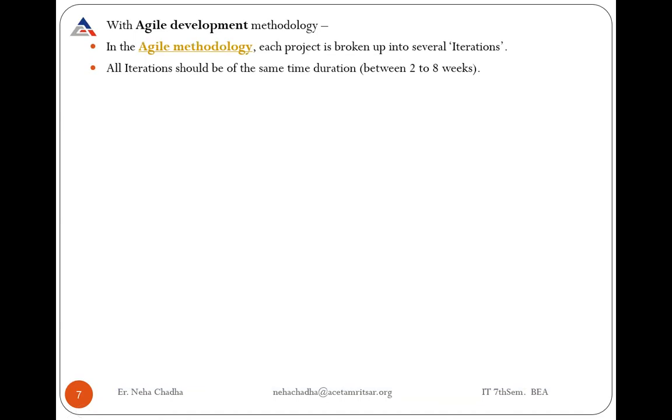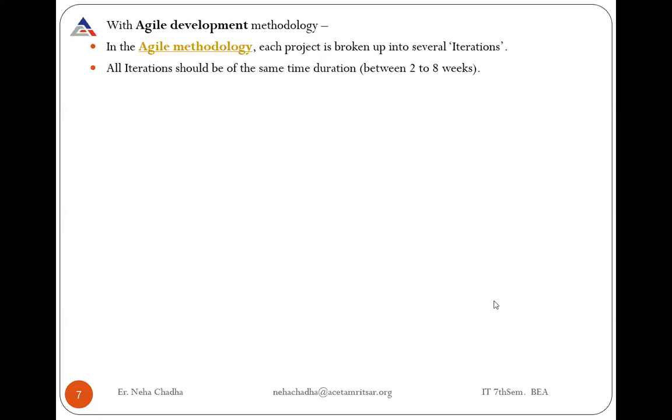When I started with the agile methodology topic, I told you that agile methodology is a combination of incremental as well as iterative. All the iterations should be of the same time duration, that is between 2 weeks to 8 weeks. This is the condition in the agile methodology.